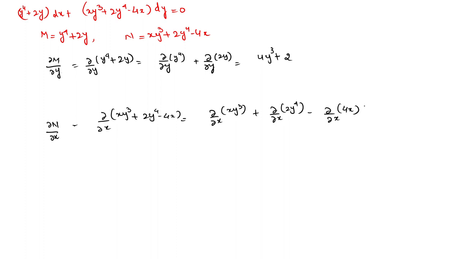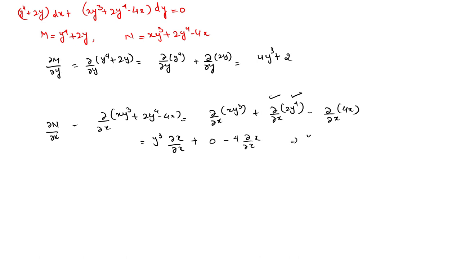If I am taking the partial derivative with respect to x, it means that y is treated as a constant. Here we will get y cube times del x over del x, plus, again, the partial derivative with respect to x of 2y^4, where y is treated as a constant, so it is 0, minus del by del x of 4x.